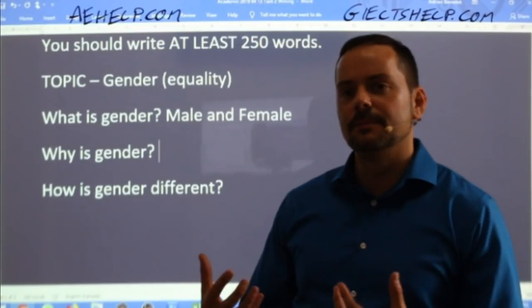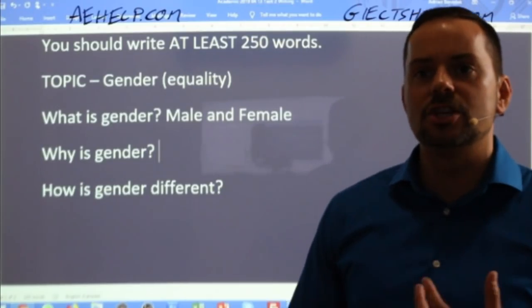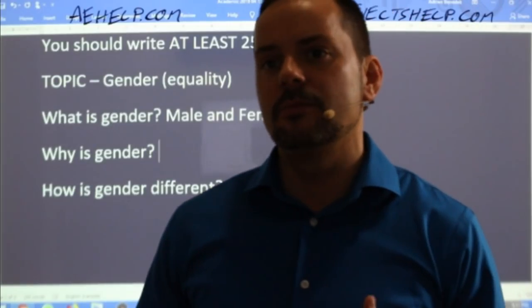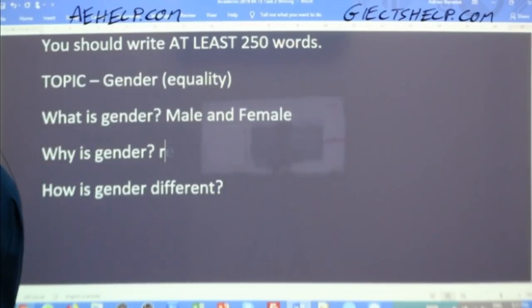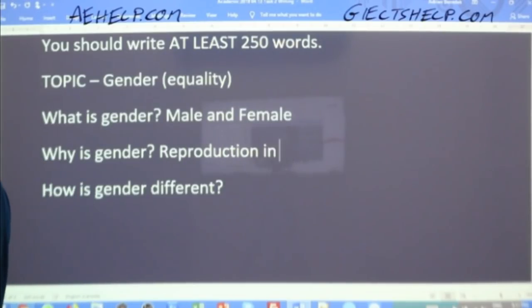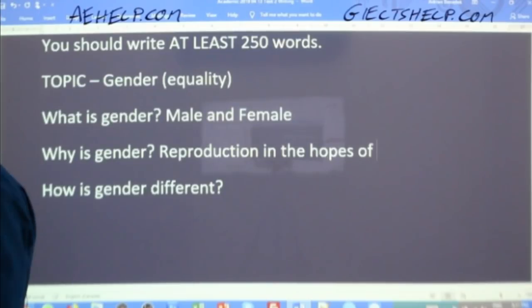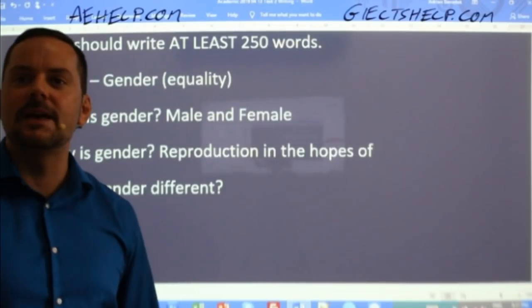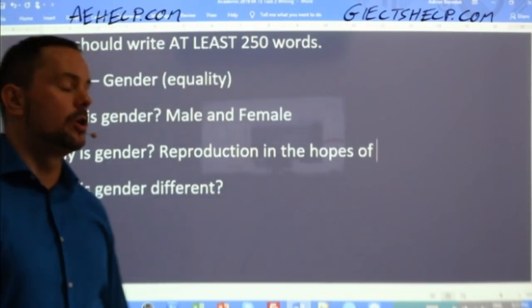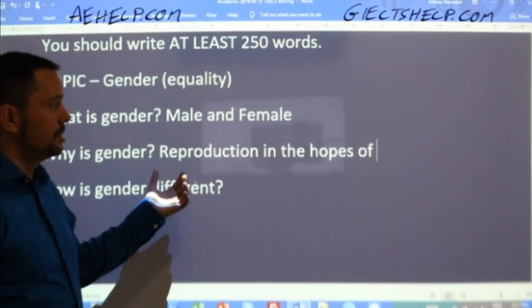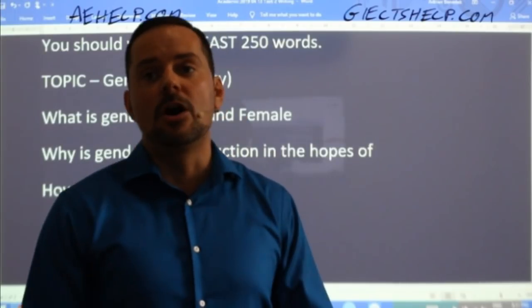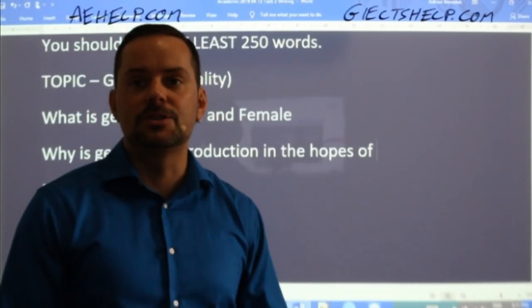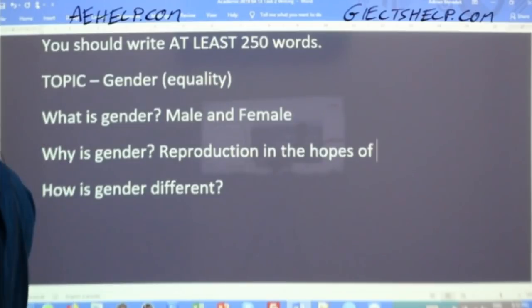Amrit says it has something to do with chromosomes, biology, physical strength, reproduction, sure. In the hopes of, I still don't see that magical word. Nobody's come up with that yet. So the reason why we have different sexes, arguably, whether it's by God or science, it's still the same answer, is for adaptation.